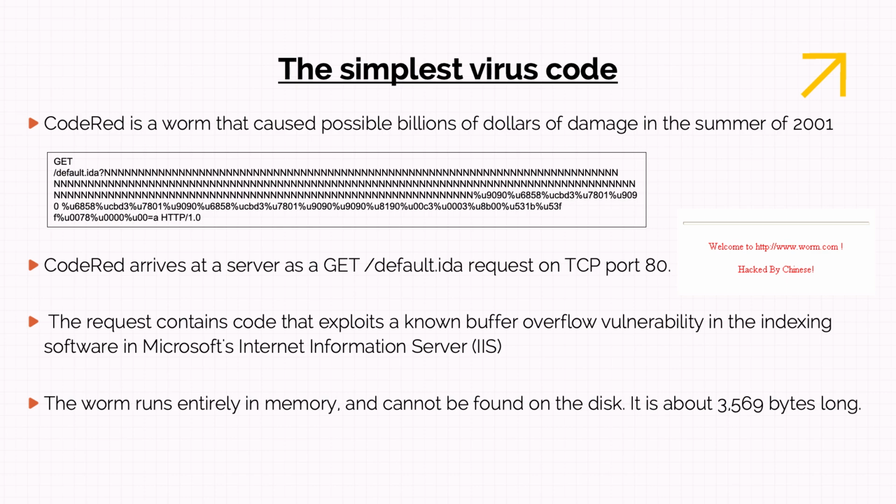The hacker just passes this link to the program and calls it, and suddenly the website gets hacked, and you can see on the screen "hacked by Chinese". Actually, this was the first worm in the world that exploited vulnerabilities in the operating system, in IIS from Microsoft Windows.